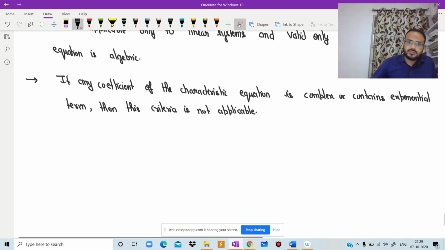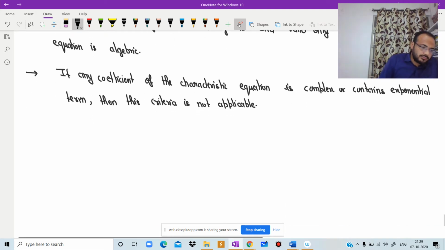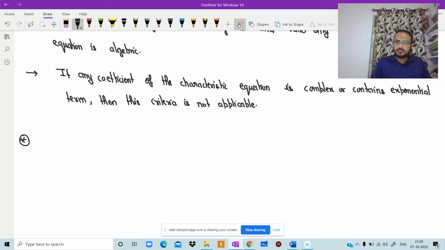Is it clear? Very good. Suppose we have fourth order, then in which way will you write? Then S4, S3, so A4, A2, A node. Is it clear?